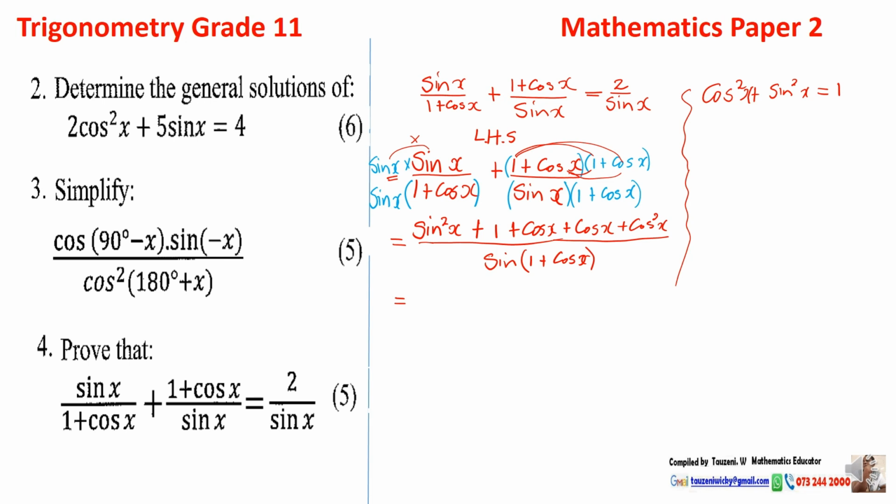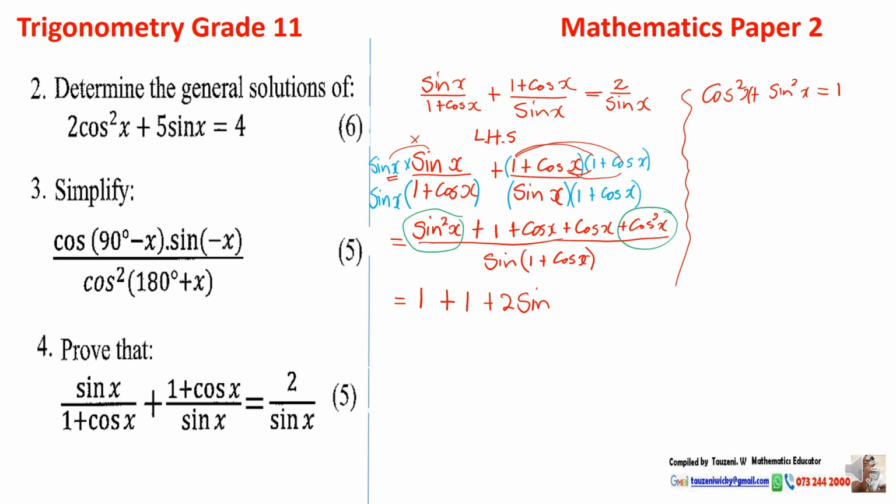Which means in this expression, if you take this sine squared x and that cos squared x and add those two, they give you 1. So I have 1, then there is 1 already there. Cos x plus cos x added, they are like terms. So they give me 2 times cos x.